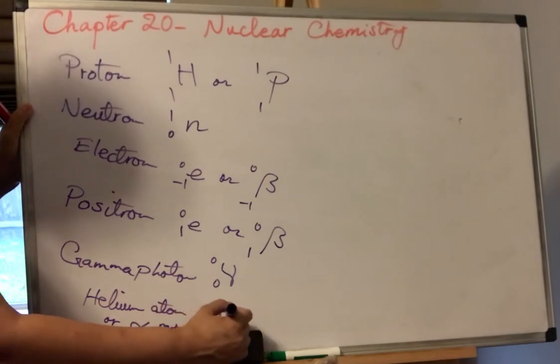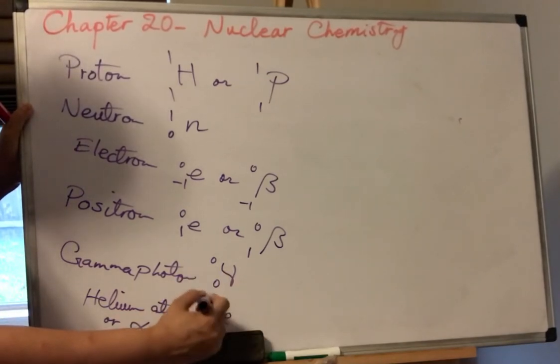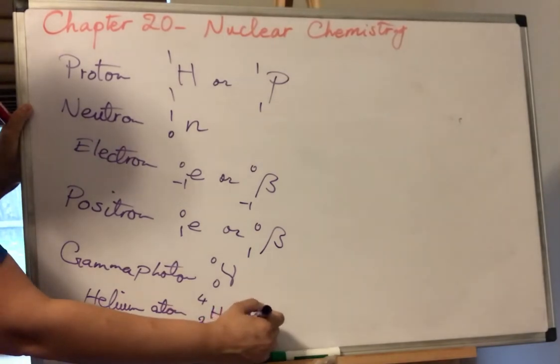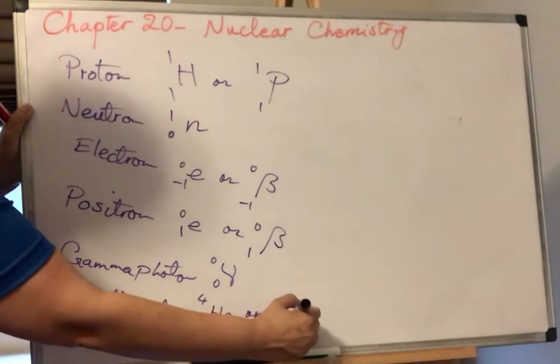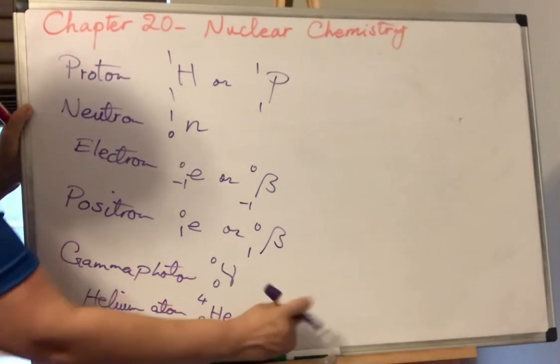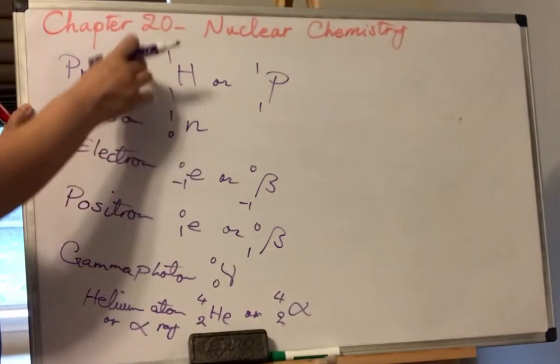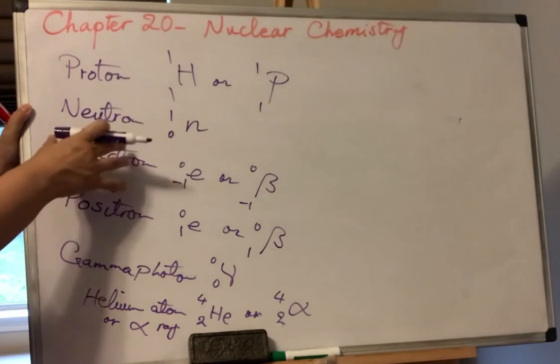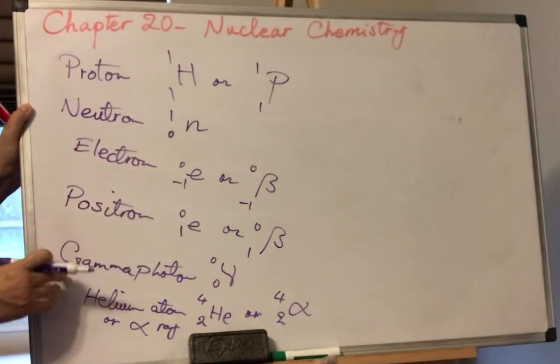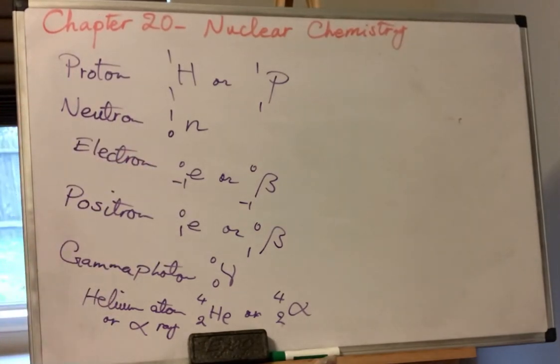So it's helium with a 2 and 4, or you show it as alpha. So these are what you need to keep in mind. You already know some of these, but the electron, positron, gamma, and alpha, you need to know them the way we need them for our equations in nuclear chemistry.